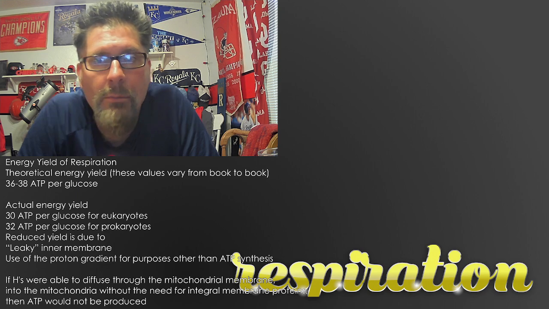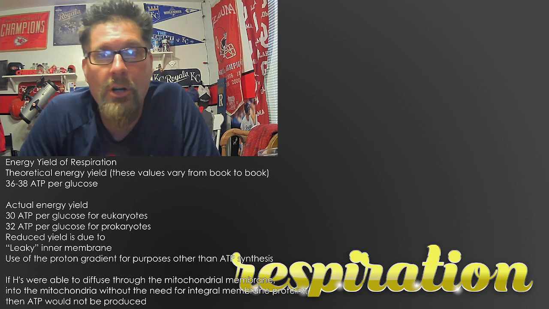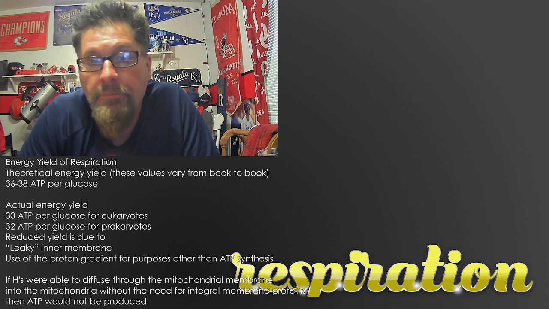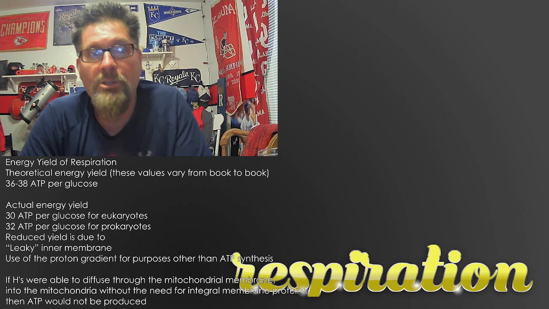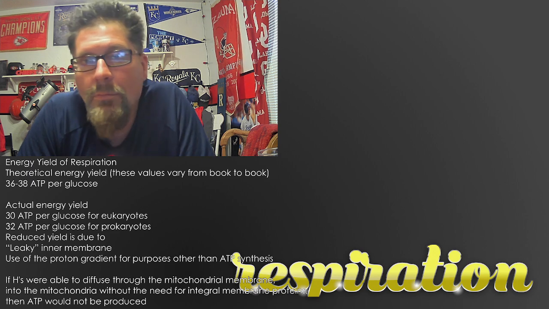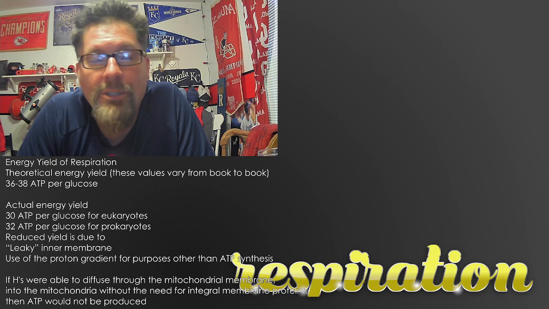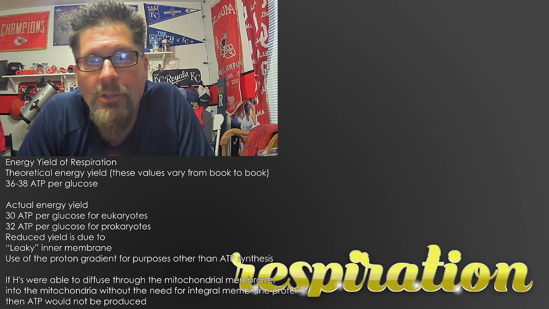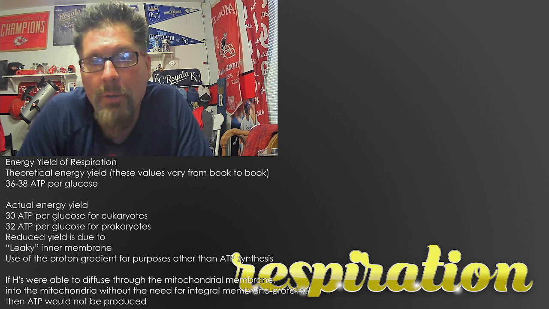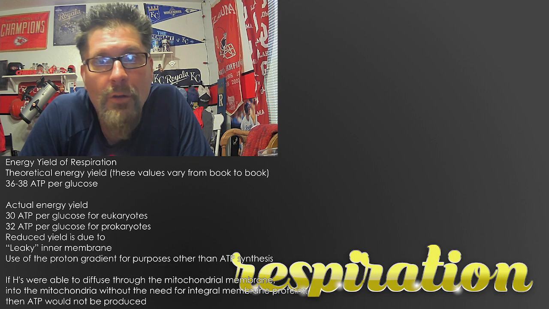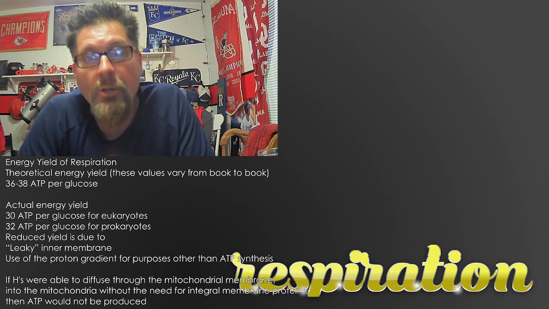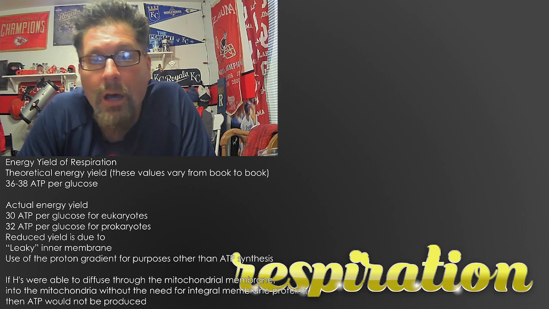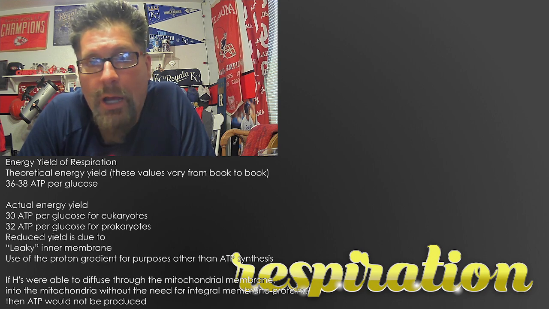But mistakes happen, mutations occur because of that, and things like that. So it is what it is. So based on the leakiness of those H's, it will reduce the number of ATP molecules that are made, because if you lose some of your H's, then you can't make as many as you could have.